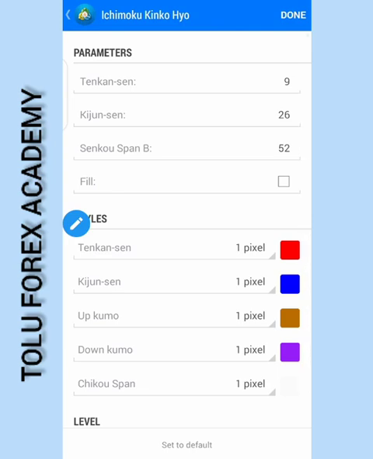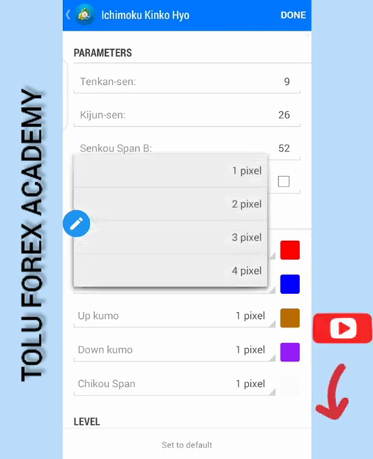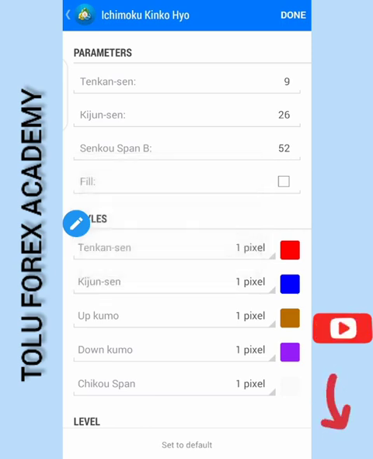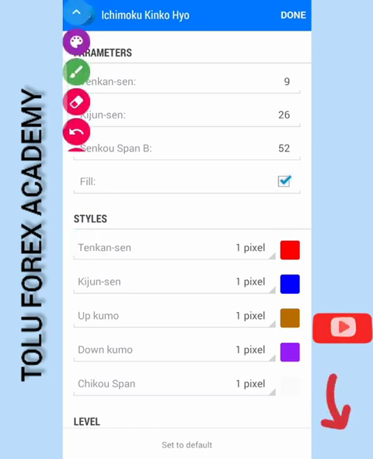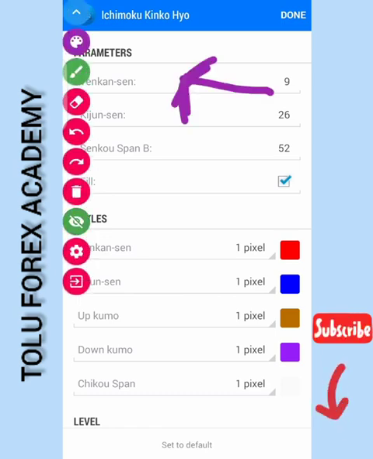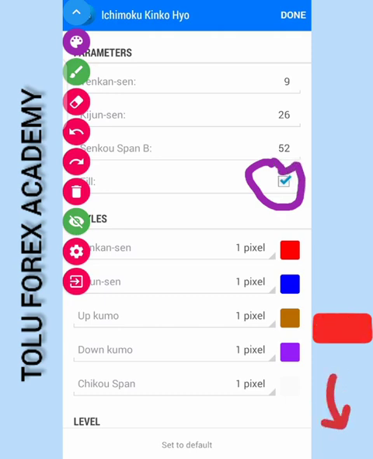For the up Kumo, which is the cloud that shows it's going up, I want it all shaded, so I'll select fill here. I hope you can see what I've just selected, so that it's filled.